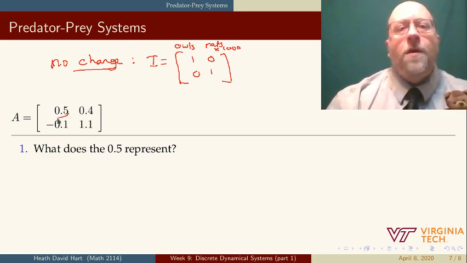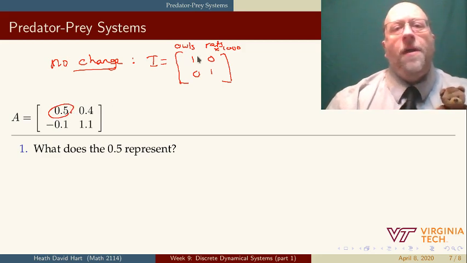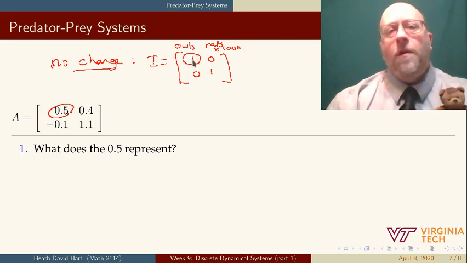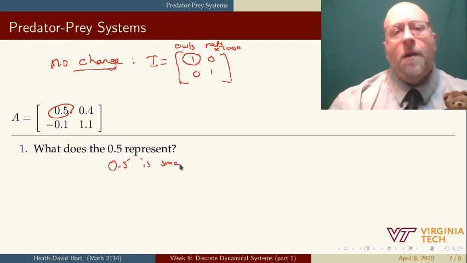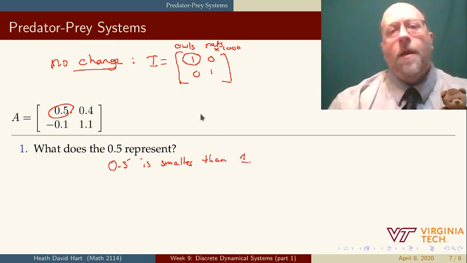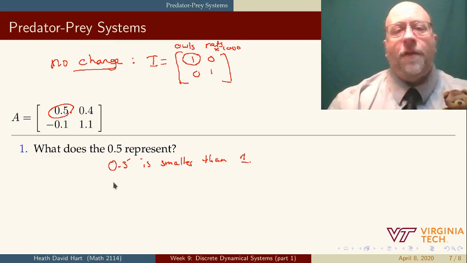And so the 0.5 is smaller than 1. And so what that says is that the population of owls is decreasing by a factor of 50% if rats were not available as part of the diet.